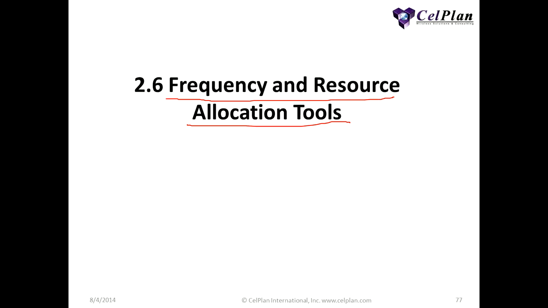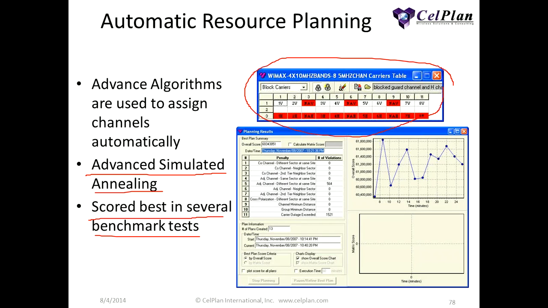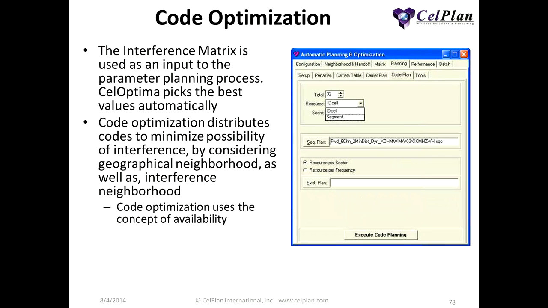A little bit about frequency and resource allocation tools. Well, you see the complexity of doing those calculations. So you really need tools that allow you to do those calculations automatically, that allow you to specify and block channel resources, that use advanced simulation techniques like simulated annealing and so on, and that use scores to do benchmark tests that are based on actual data, not on random numbers that somebody took from a hat or something like this.